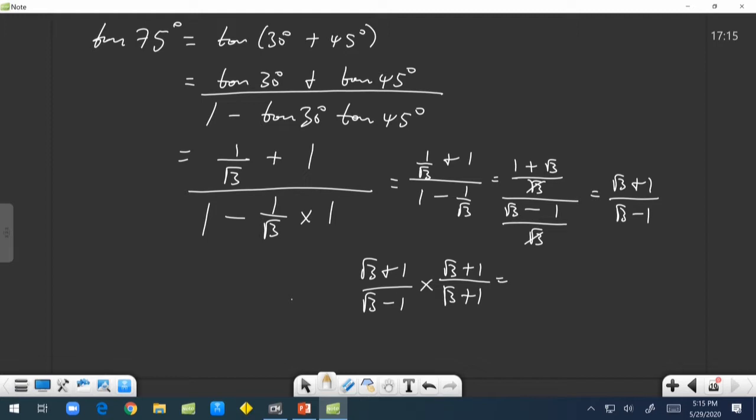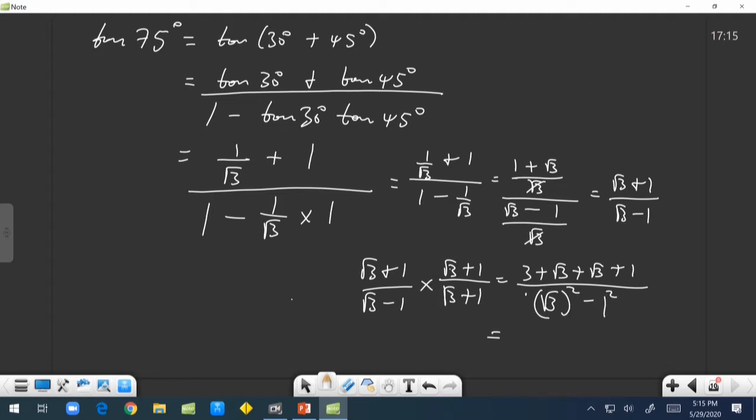So that will give us, since this is plus, root 3 times root 3 gives us 3. Root 3 times 1 is root 3. 1 times root 3 is root 3. 1 times 1 is 1, divided by root 3 multiplied by root 3, that is 3. This is the difference of 2 squares, root 3 all squared minus 1 squared.